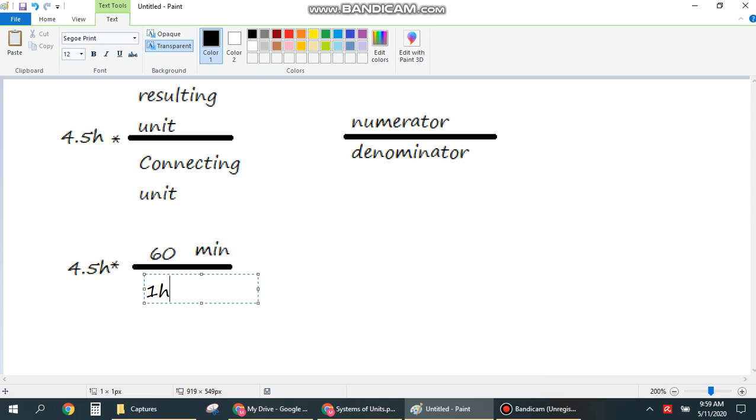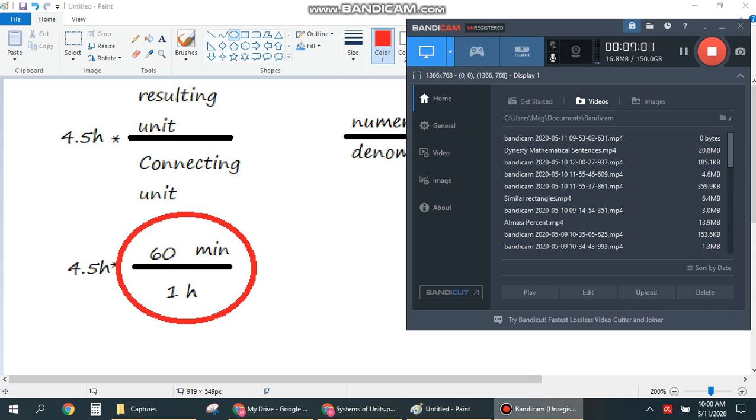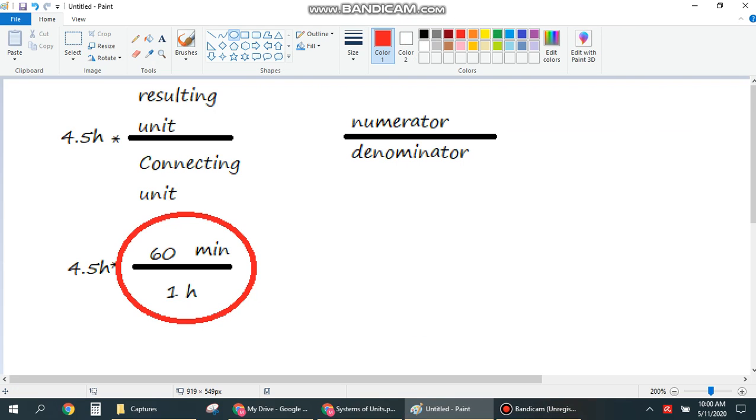So this ratio that we are multiplying with is always going to be equal to 1.